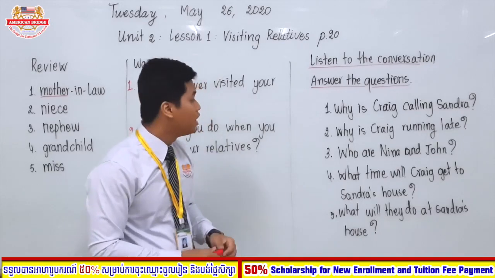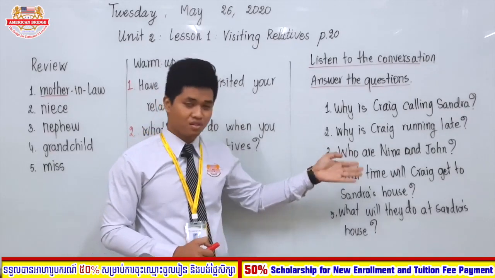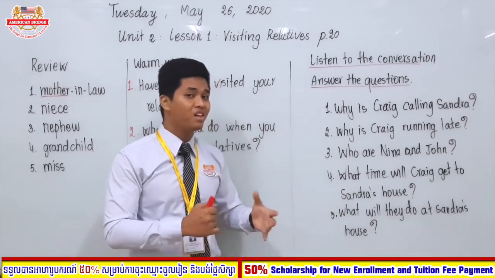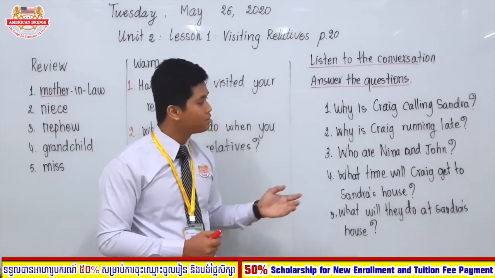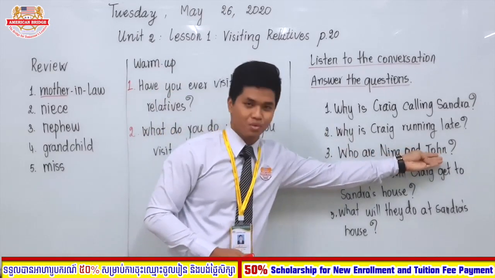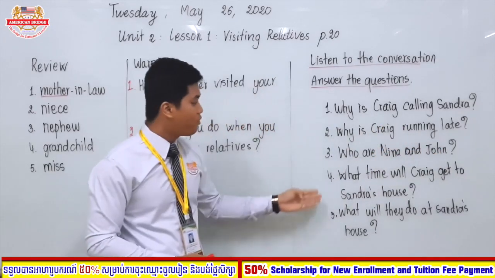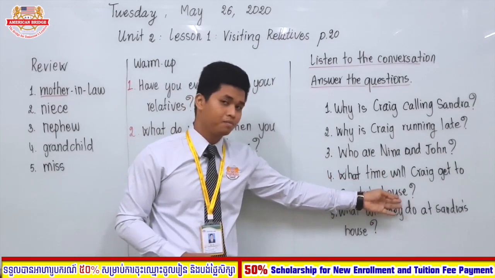California. So number 3, who are Nina and John? Who are Nina and John? They are Sandra's niece and nephew. Number 4, what time will Greg get to Sandra's house?